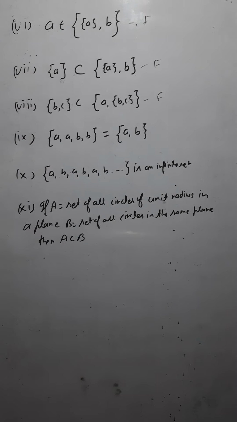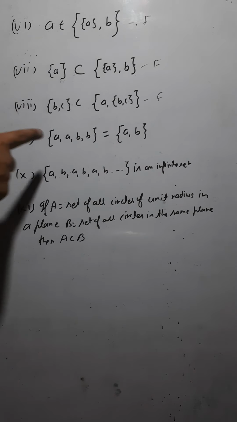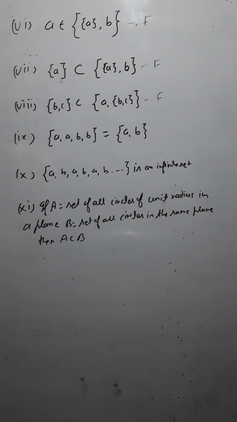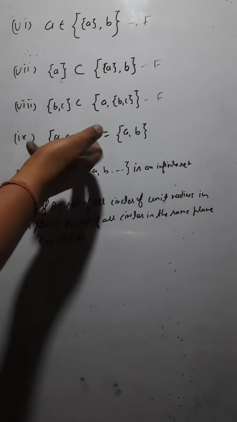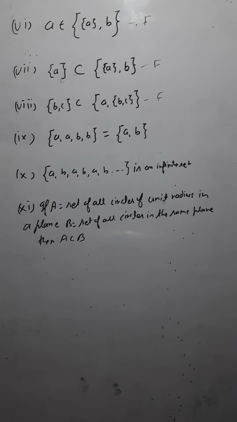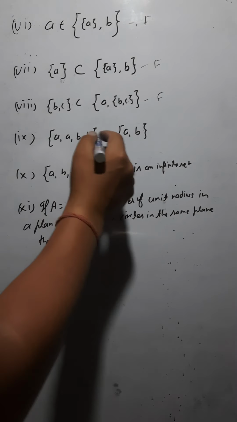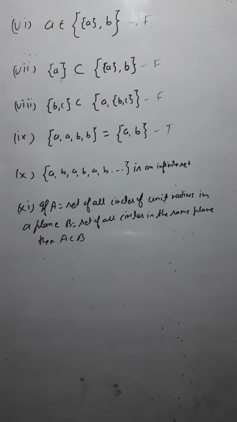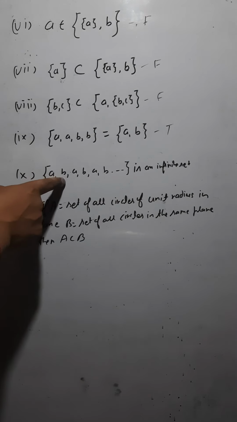The elements are the same. If the elements are the same, then you would say both the sets are equal sets, isn't it? Here also A, there also A, here also B, there also B. So both the sets have the same type of elements. Then it implies that both the sets are equal sets. So it is true.